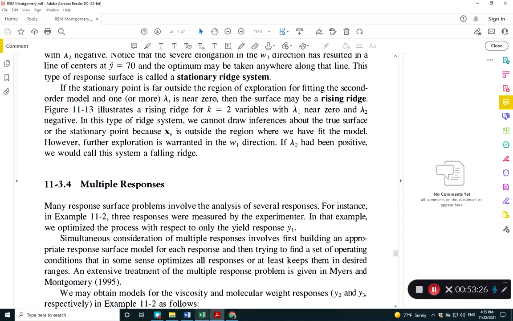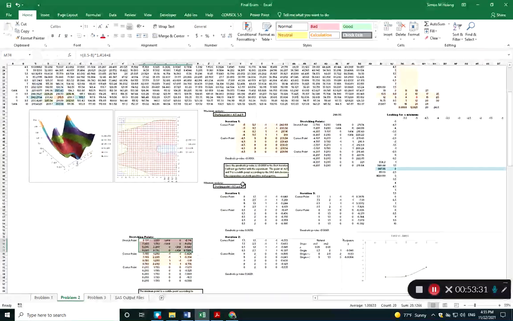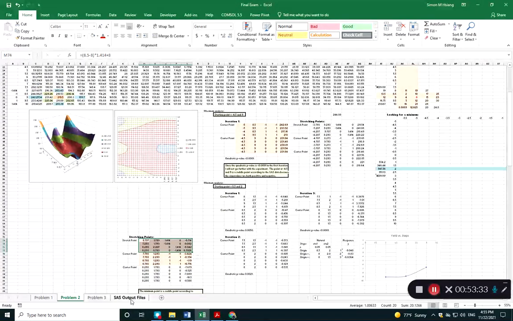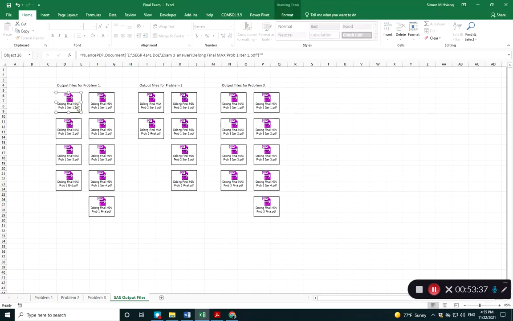For your exam, I would like you to report every SAS step. Show this. You don't need to give me the SAS code because it's exactly the same thing.